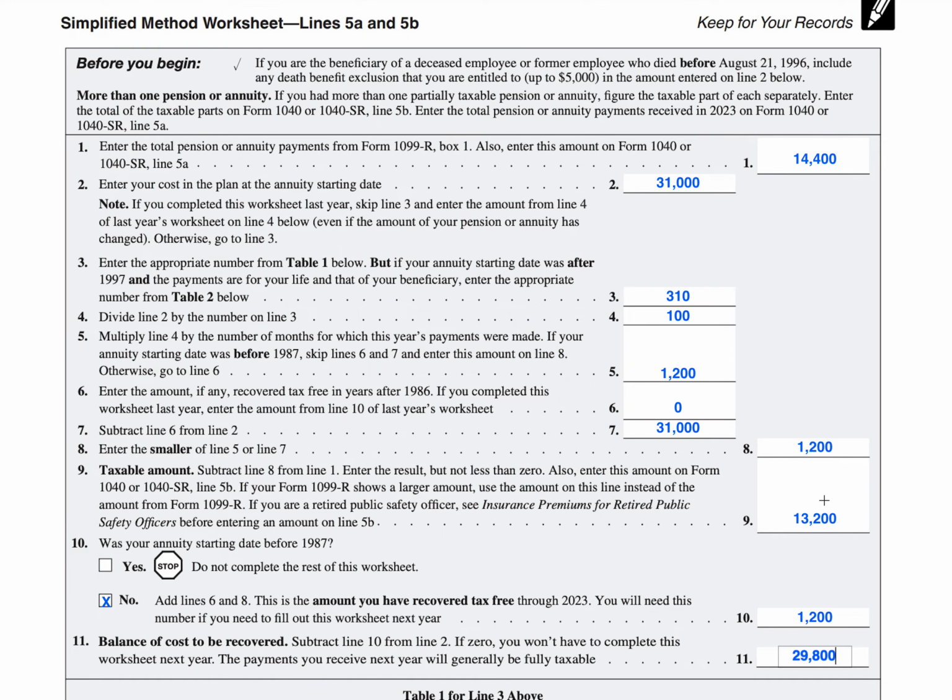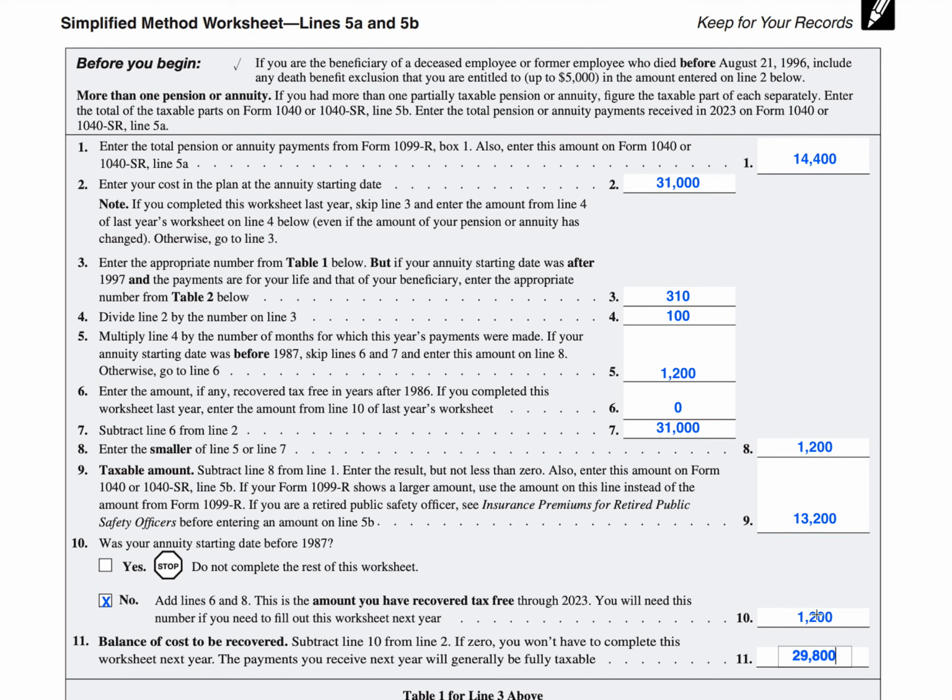So the last question, question 10, is, was your annuity start date before 1987? It is not, so we're going to add lines 6 and 8. This would be the amount that we still have left to recover. Basically, we didn't have anything from last year. We took out the $1,200 this year.